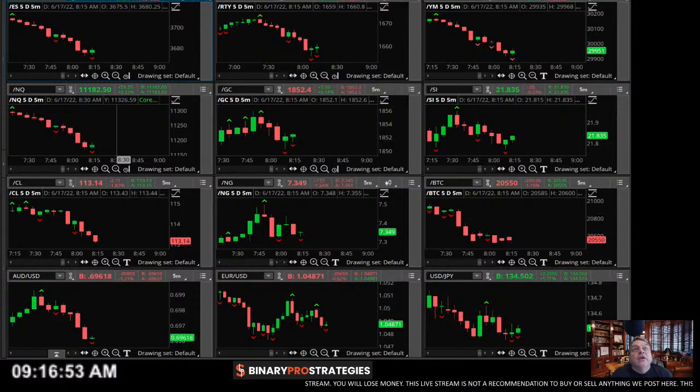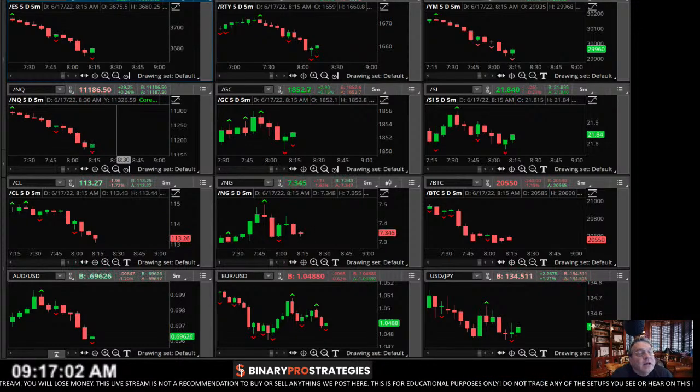Right now, it looks like we are going to get a higher opening on the Dow, but I wouldn't be surprised to see it turn around and start going south after we open up. So we just have to wait and see.